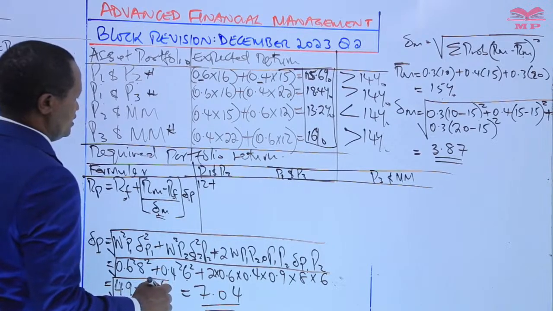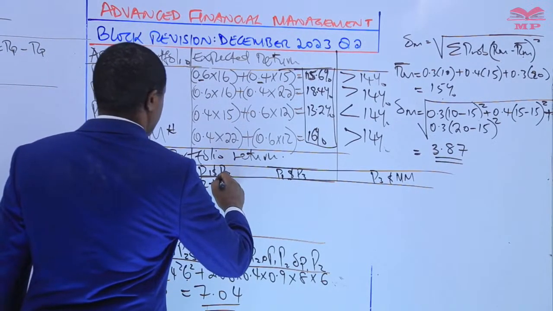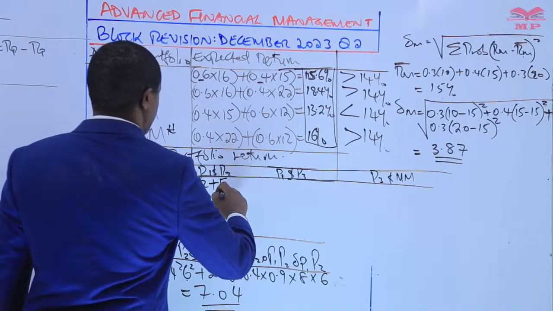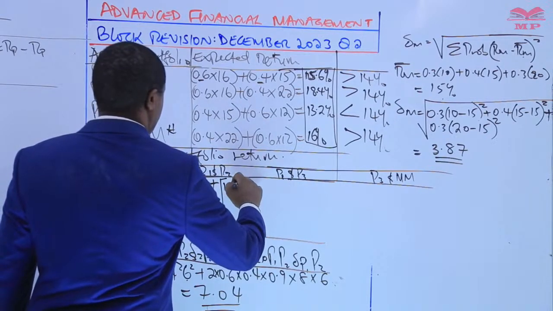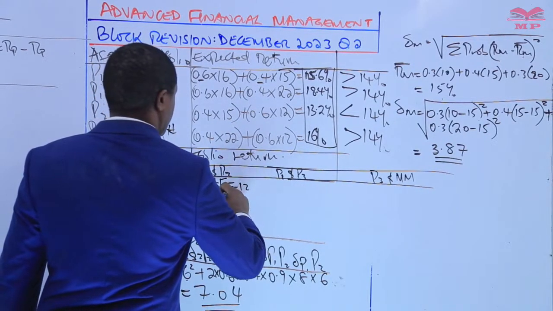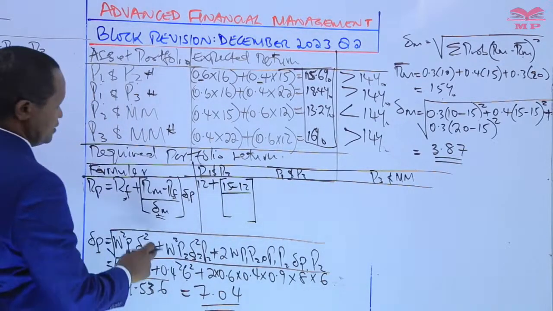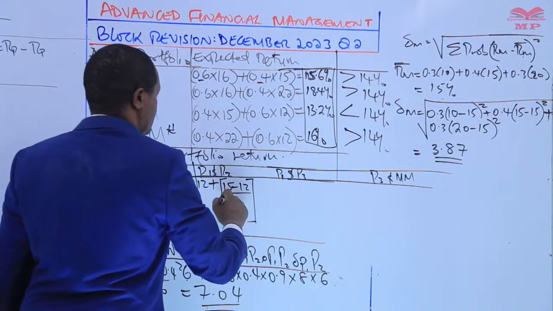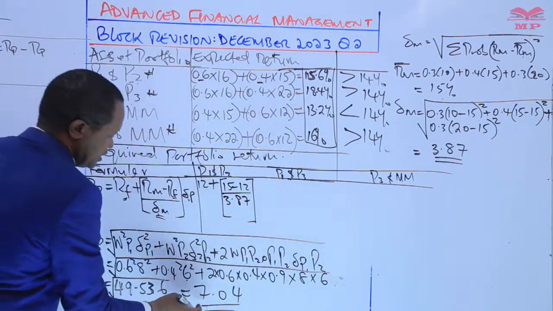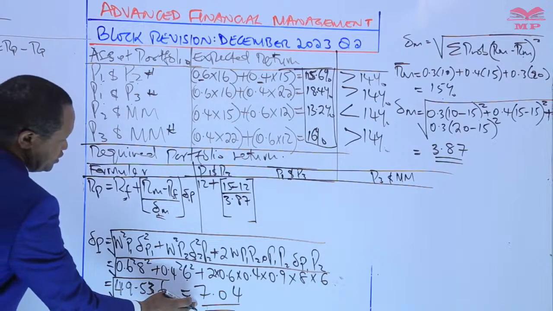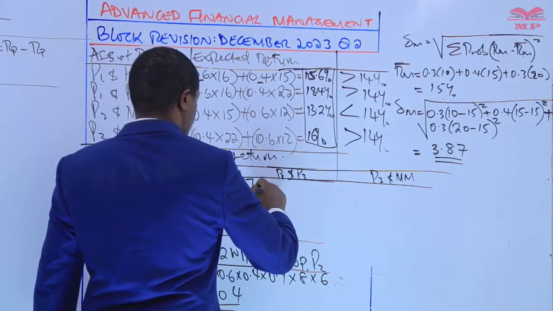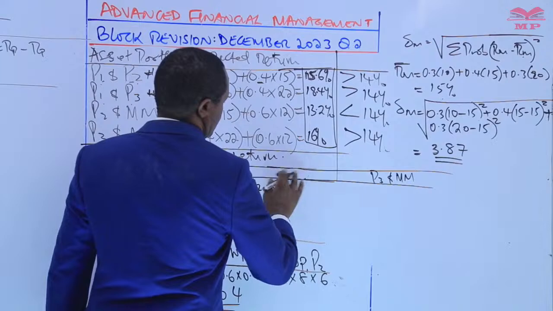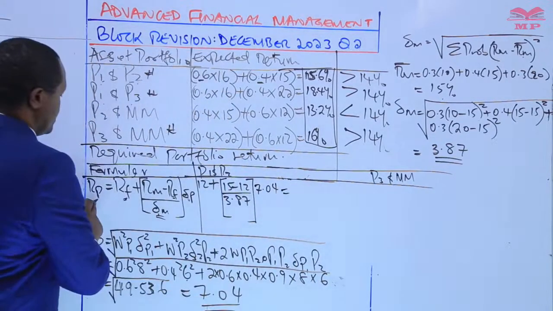The return here is 15%, 15% minus 12%, divided by the standard deviation for the market, 3.87, times what we calculated here, the standard deviation for the portfolio, 7.04. So that is equal to that return.